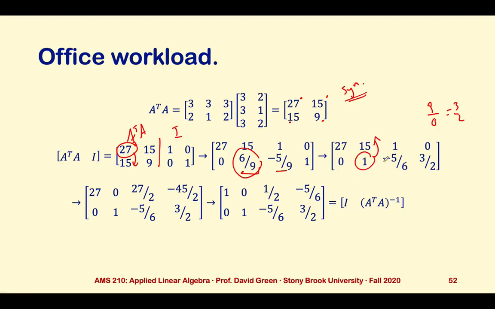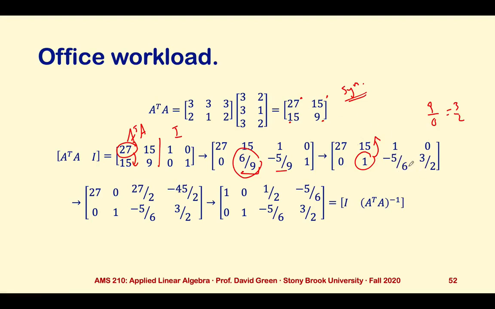We subtract 15 times this last row from the first. The 15 minus 15 gives us a 0. We have 1 minus 15 times 5/6.